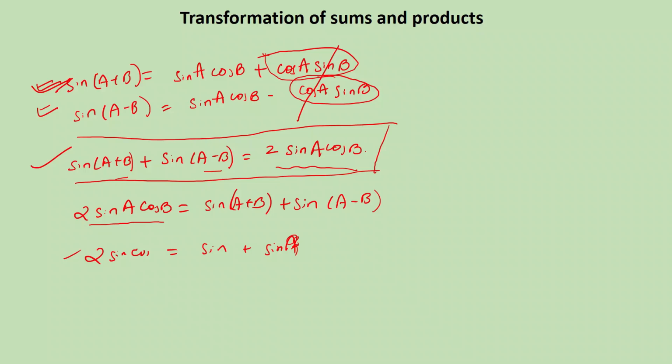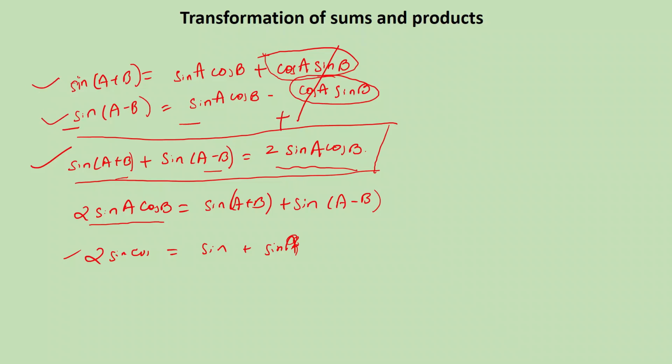But what if I subtract these two equations instead of adding? Rather, identities. So instead of now adding these, what if I subtract these? So I change all the signs.